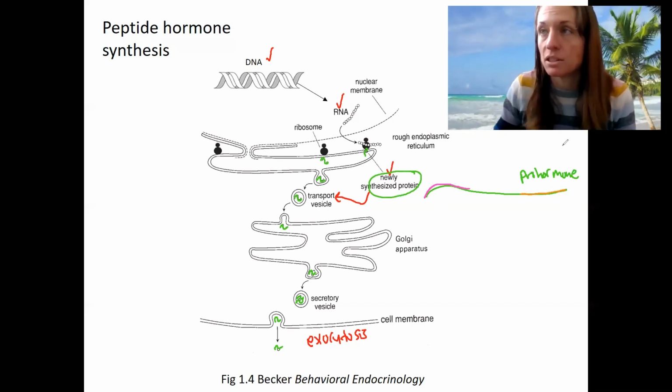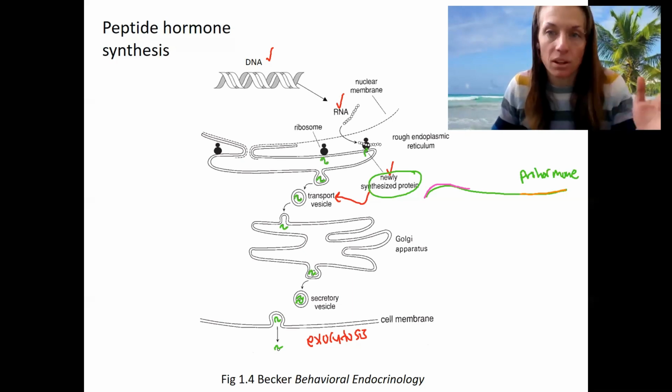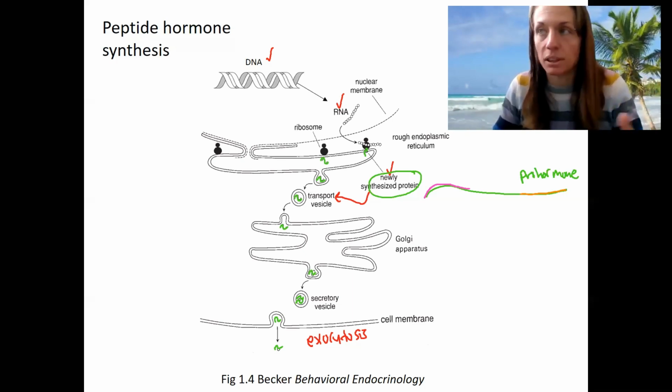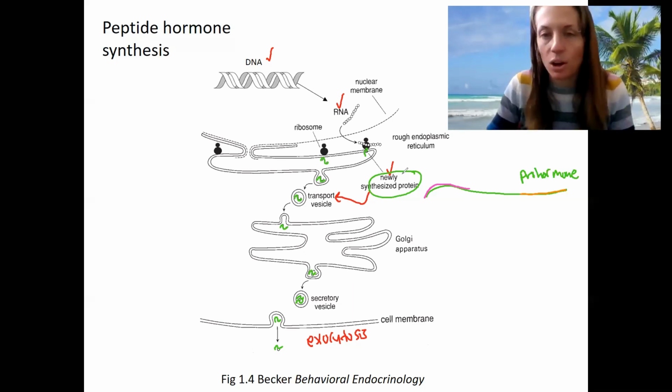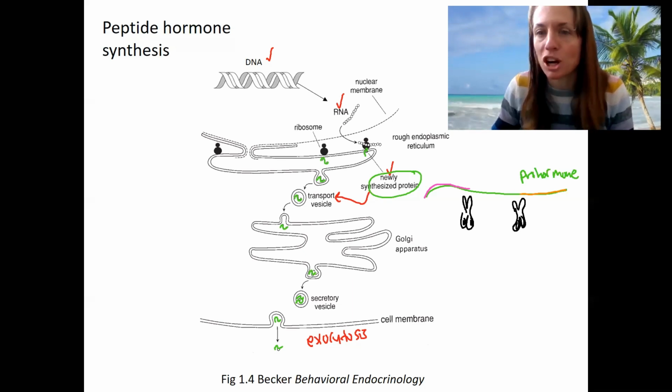What's going to happen is in the vesicle, as part of the secretion and ultimately final steps of production of this hormone, it's going to be chopped up. These are scissors. Can you tell? Scissors. This process is regulated. So the prohormone is going to be chopped into its final products.